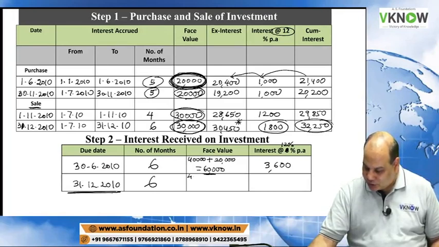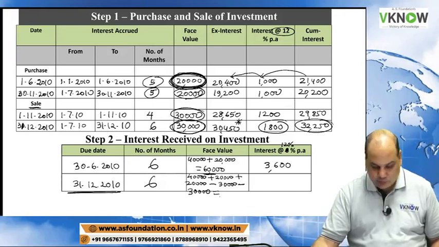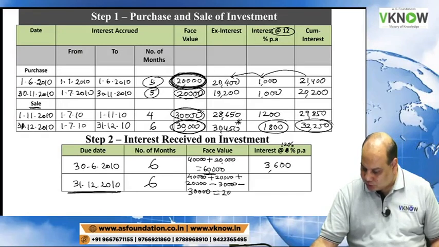For 31st December 2010, we have 40,000 in the beginning, plus purchase 20,000, plus purchase 20,000, minus sale 30,000, minus sale 30,000. So now we are left with, how much interest we have now? We have only 20,000 left.